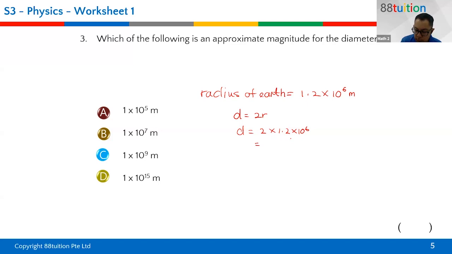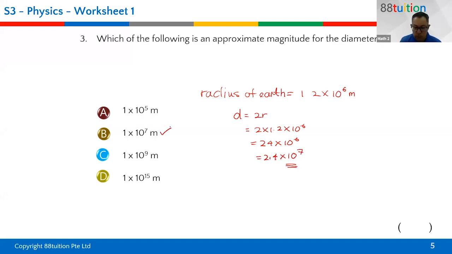Approximately, you should get something like this. So it's not 1.2. Approximately something like this. Change to standard form. You will get 10 power 7. So this is what you want.